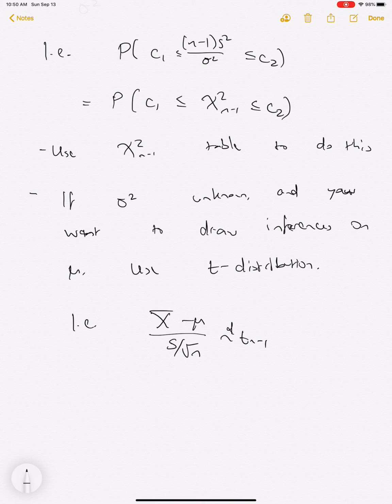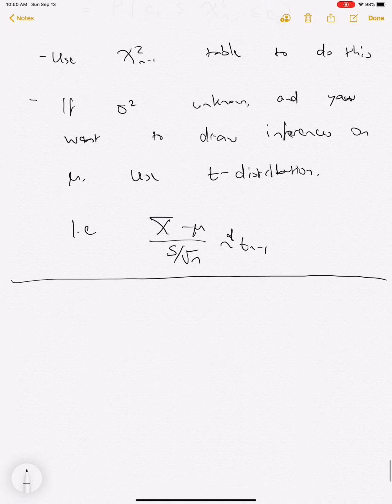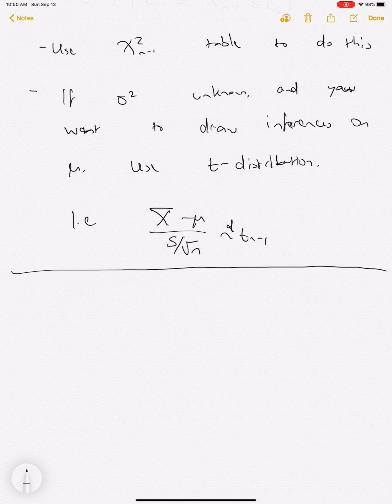If you want to do inferences on mu, you can see that if you subtract off the mu and divide by s over square root of n, that gives you T with n minus 1 degrees of freedom. So you don't need to know sigma squared to calculate any confidence intervals that you need. Okay, so that in a nutshell was what was going on in chapter 6.